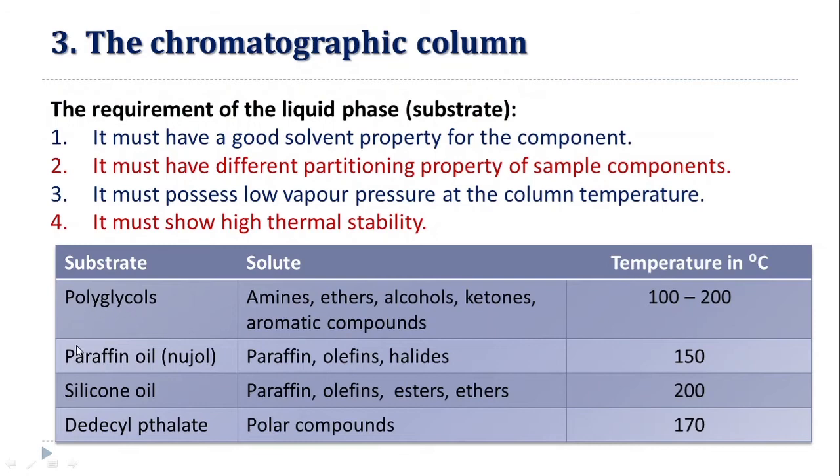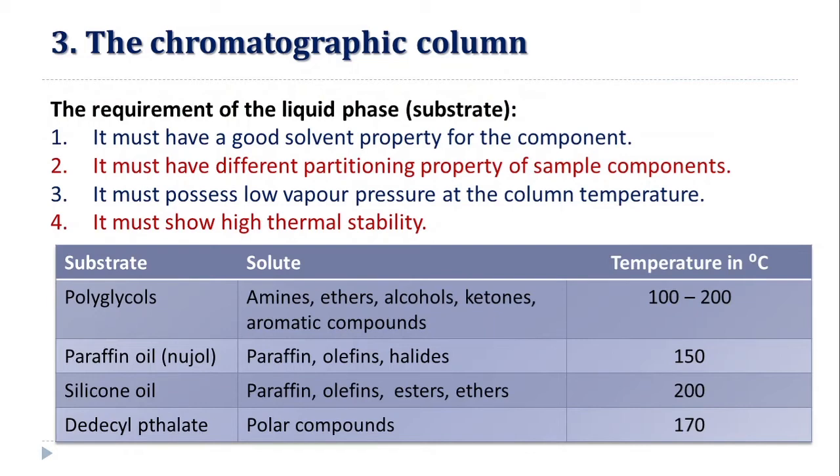So these are the substrates, that is liquid stationary phases, that can be used for some types of solids at a particular temperature. So these are the polyglycols. These polyglycols are very good liquid stationary phases for amines, ethers, alcohols, ketones or aromatic compounds.